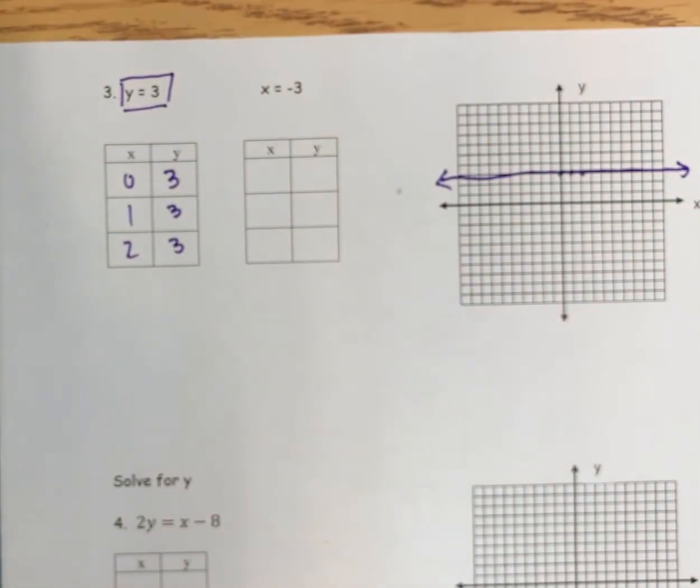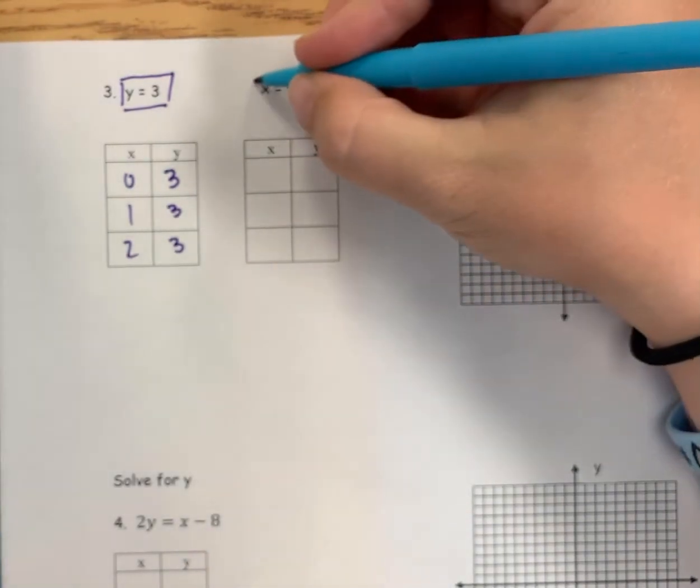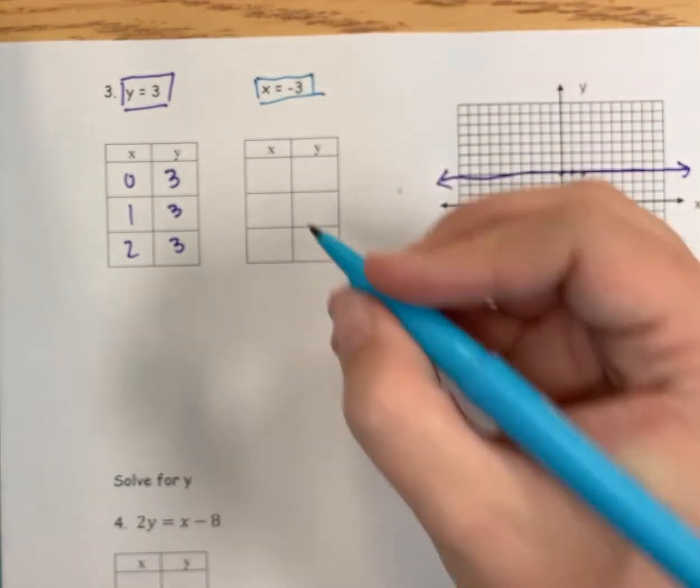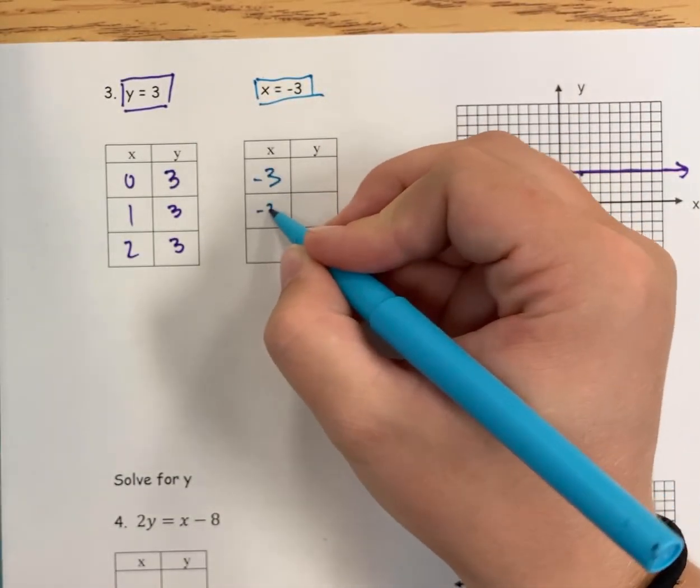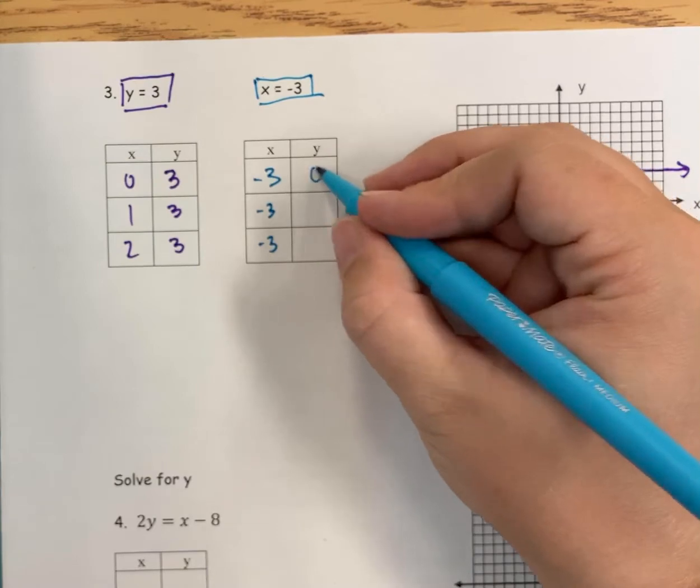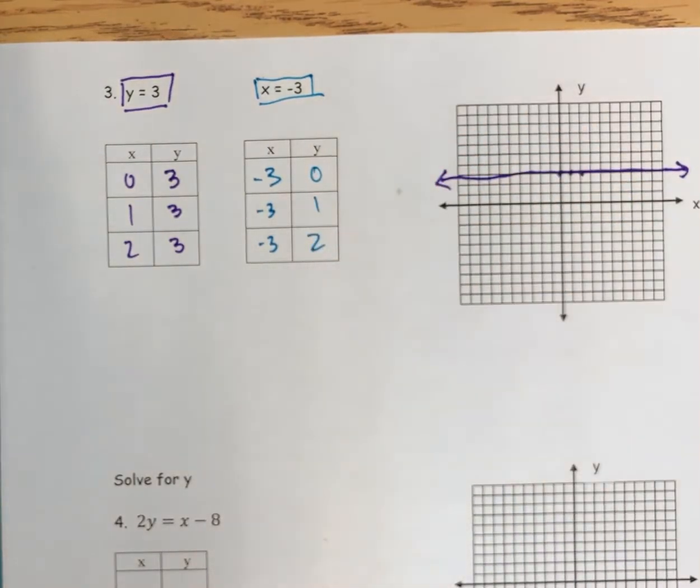Okay? Same idea for when x is negative 3. When x is negative 3, x is always going to be negative 3 no matter what. So no matter what the y values are, we could pick 0, 1, 2, the x value is always negative 3.